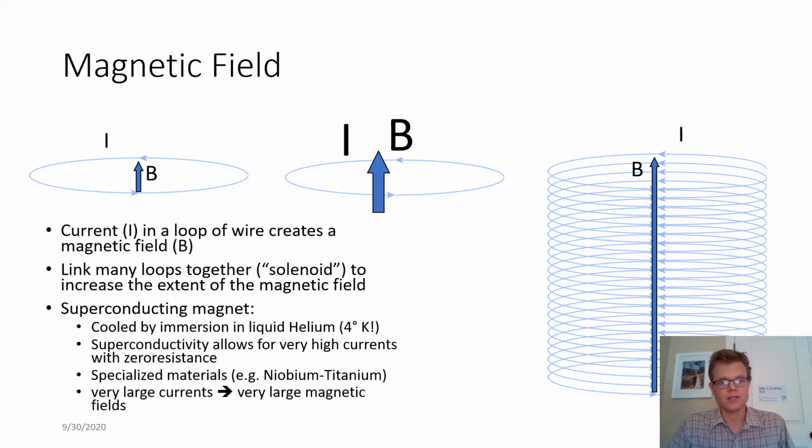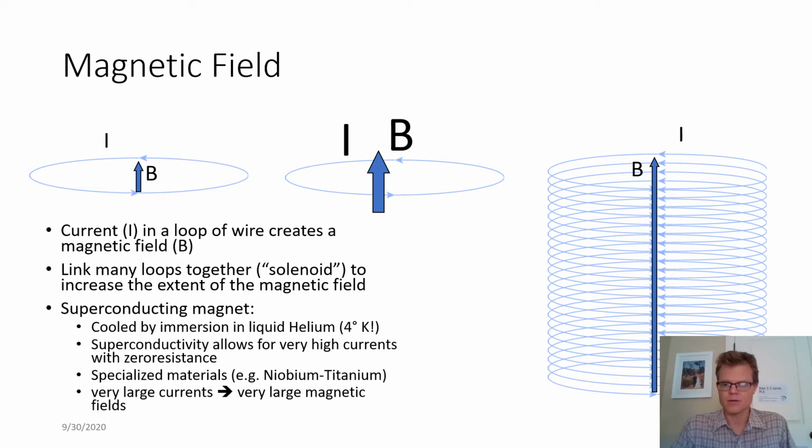So the solution to this is what's called a superconducting magnet. And this is done by taking specialized materials, often like this alloy, niobium titanium. You immerse this in liquid helium, which is 4 degrees Kelvin, so 4 degrees above absolute zero. And under these conditions, these materials become what are called superconductive.